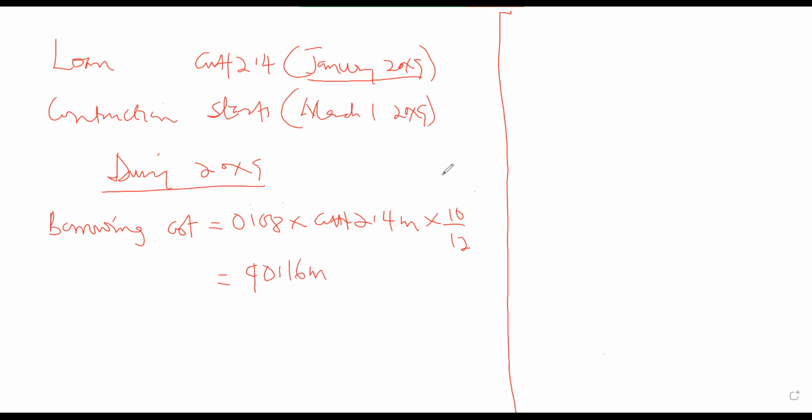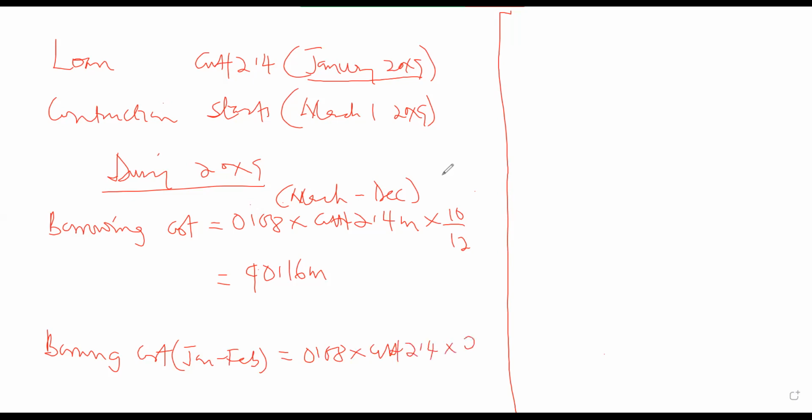Okay. Then let's count the borrowing cost to be expensed. So the borrowing cost to be capitalized will be March to December. Am I correct? Yes. So borrowing cost to be expensed will be January and February, isn't it? Yes. So that will be 0.08 times 2.4 times 2 over 12.